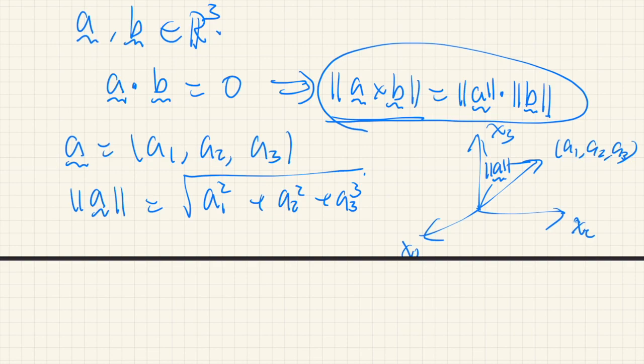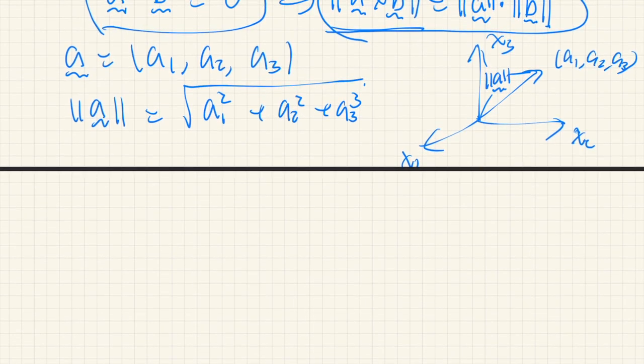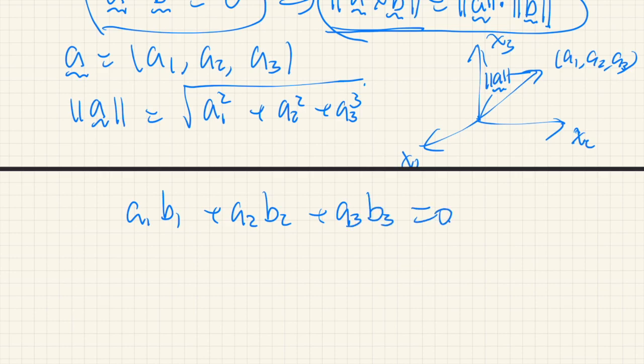First, what does this mean? This means A1 B1 plus A2 B2 plus A3 B3 is equal to 0, so the scalar product is 0. Let's square both sides.